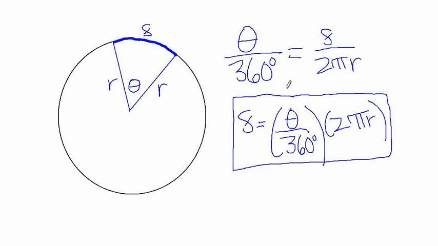All right, let's do an example using this formula. So suppose that I had a circle with a radius of 3 and suppose that I had an arc with a corresponding central angle that was 180 degrees.